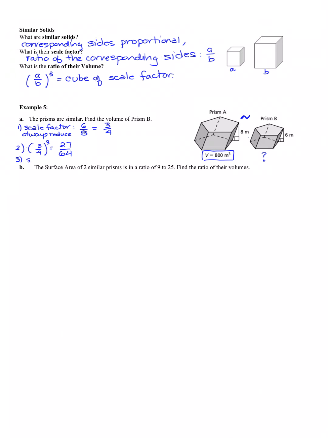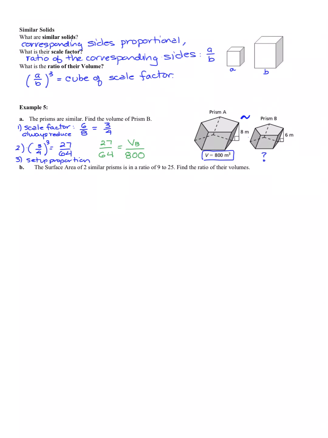So step 3 is set up a proportion. So I'll do that in a different color so we can see. So I'm going to have 27, which is the volume or the ratio for the smaller to the larger, will equal the volume of B to the volume of A, which was given.